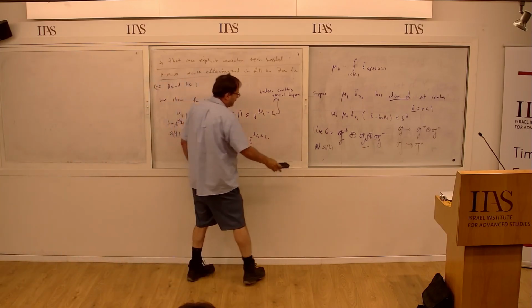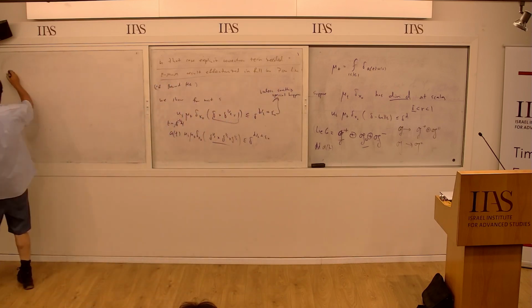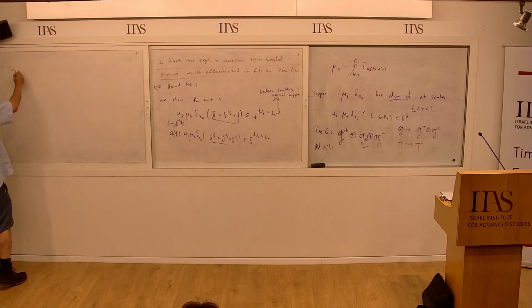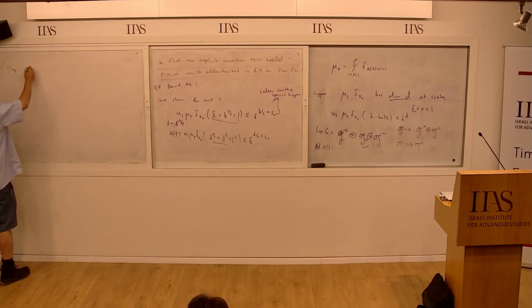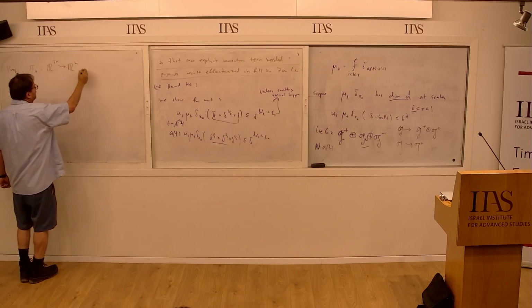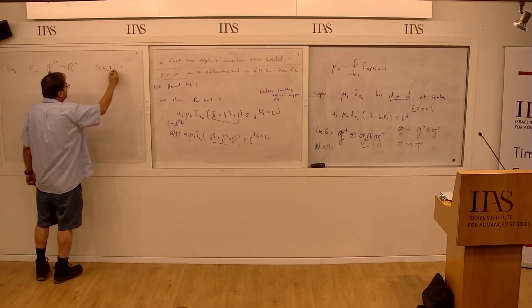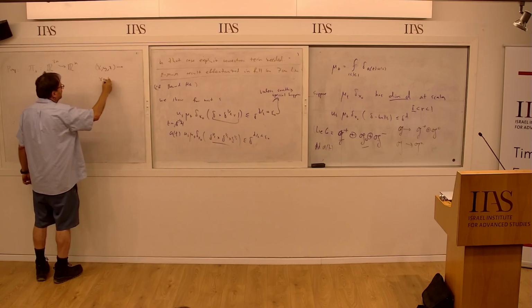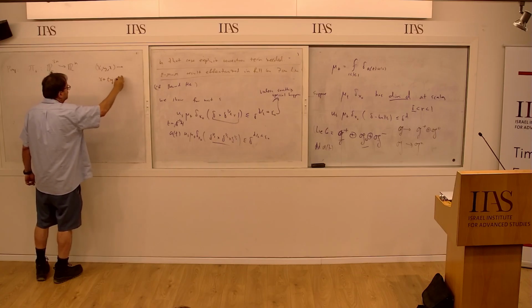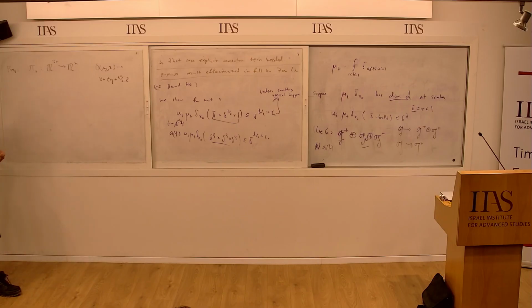So I have here a lemma. I have pi_t from R^{3n} to R^n, which takes three vectors x, y, z to x plus t y plus t squared over 2 z. That's a family of maps.